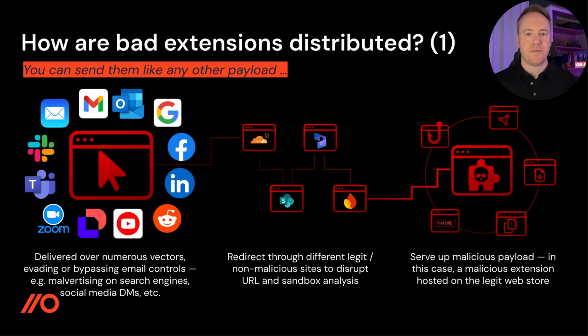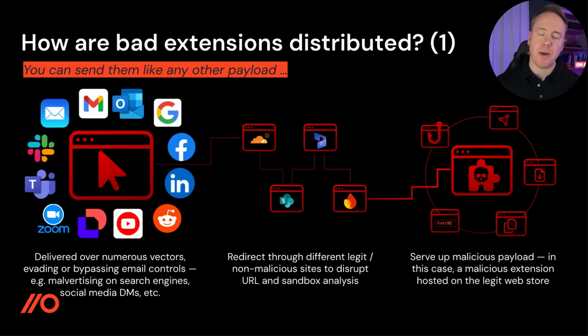There are a couple of different ways that these extensions get distributed. The first way is distributing them as you would any other malicious payload. I showed you an example of that at the start of our session today with some of that SEO poisoning type behavior, where we were redirected to a site, then redirected to another site to install a seemingly benign extension.